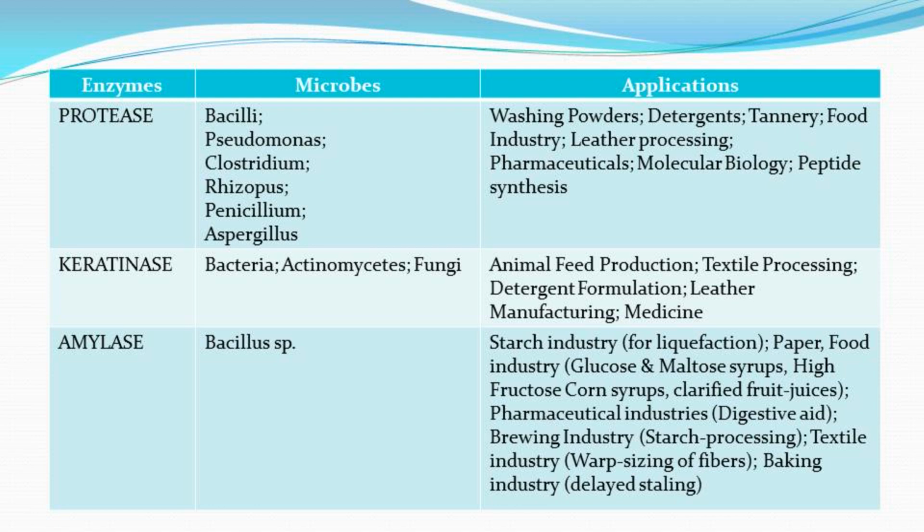Keratinase obtained from bacteria, actinomycetes, and fungi is used in animal feed production, textile processing, detergent formulation, leather manufacturing, and in medicine. Amylase obtained from Bacillus species is used in starch industry, paper and food industry, pharmaceutical industries, brewing industry, textile industry, and baking industry.